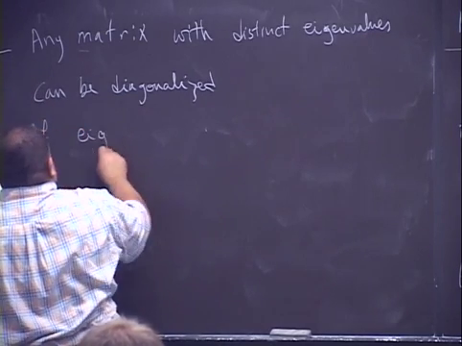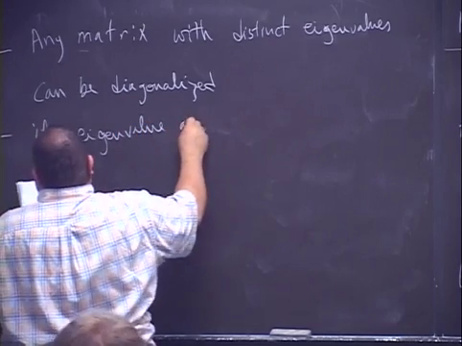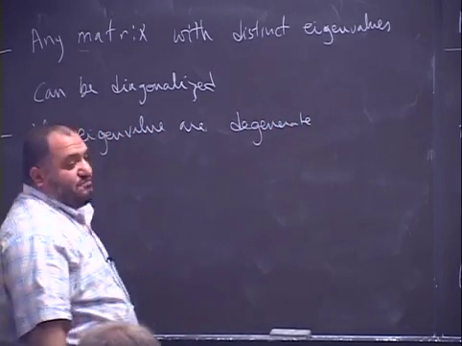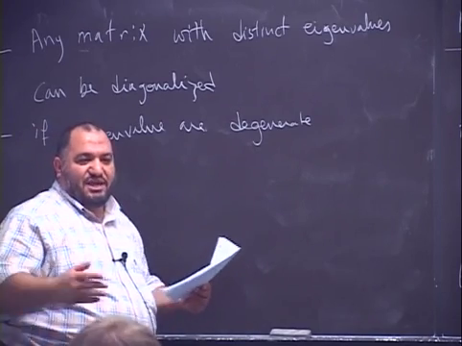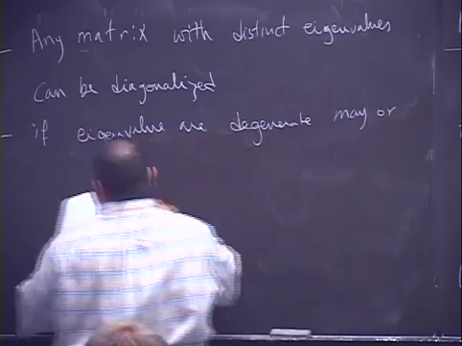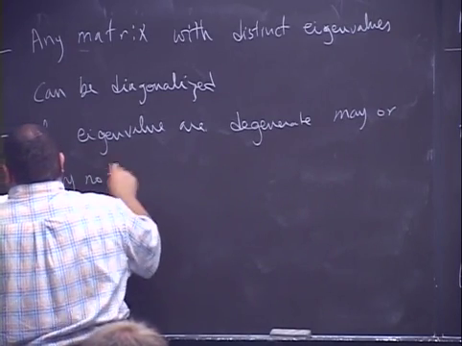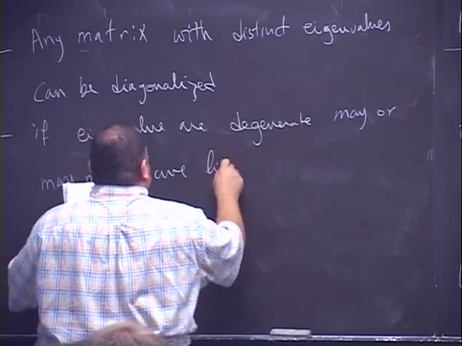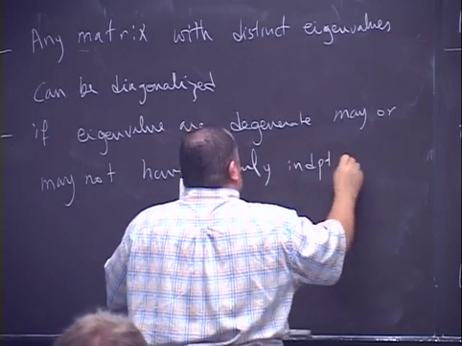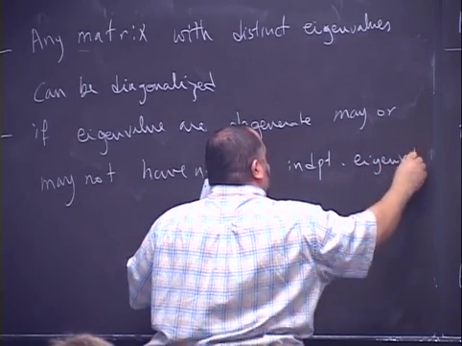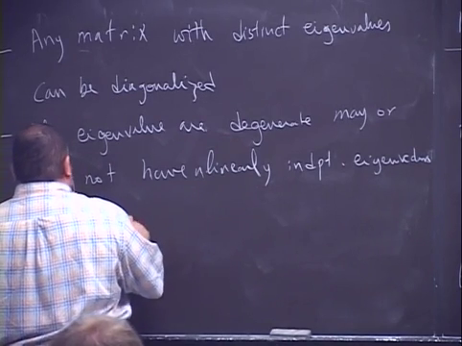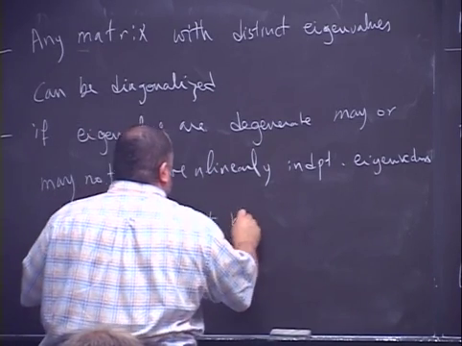If the eigenvalues are degenerate, meaning that n of those eigenvalues are the same, they may or may not have linearly independent eigenvectors. So if not, it cannot be diagonalized.